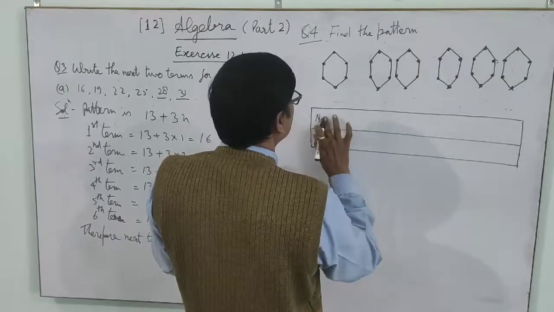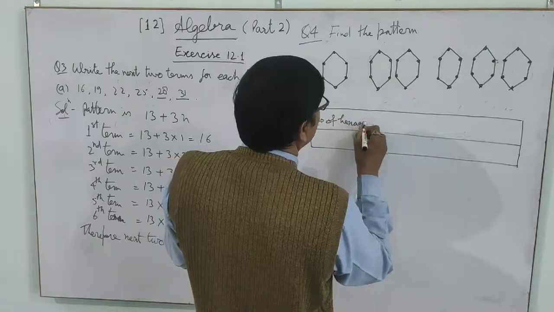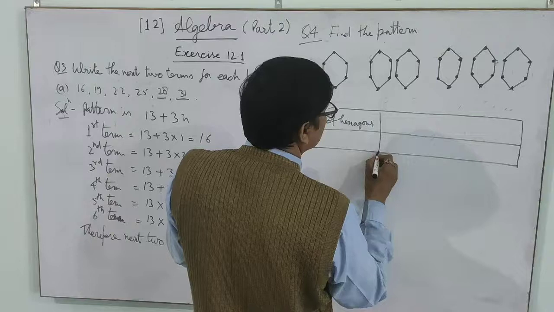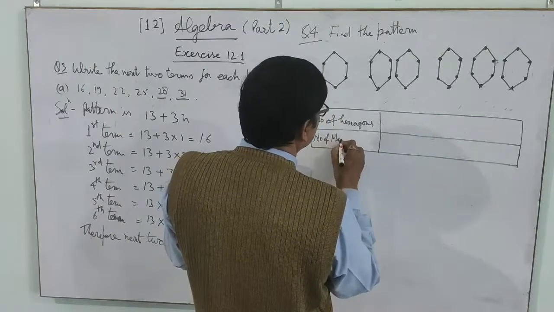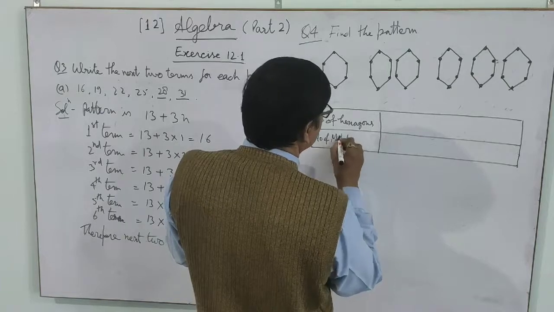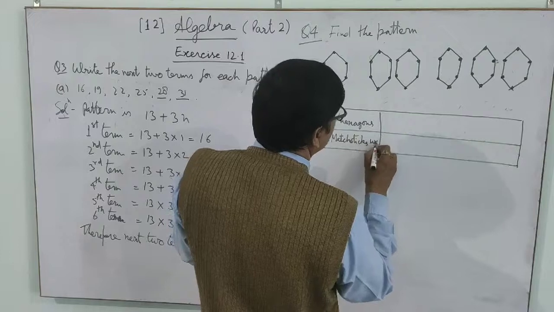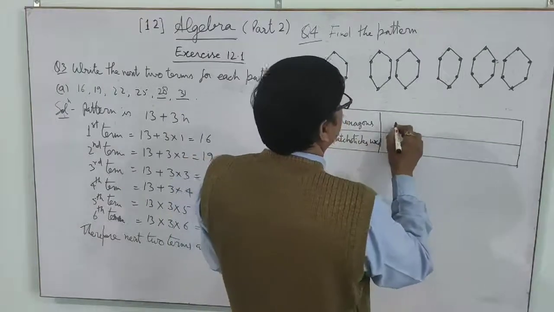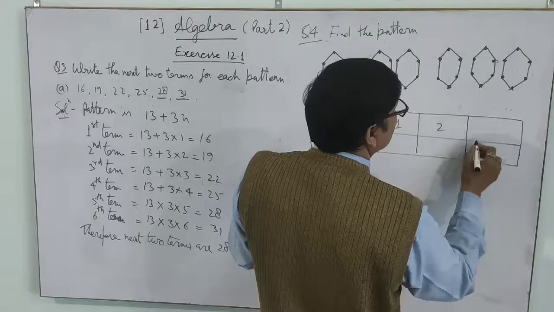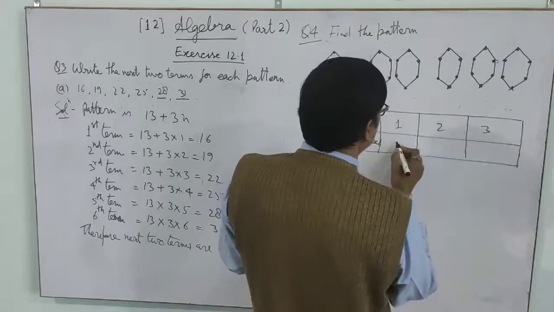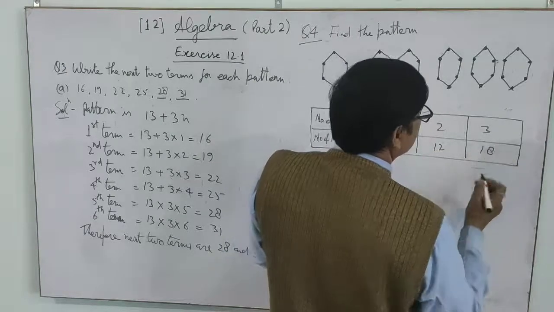Then in the solution you can make a chart: number of hexagons, number of matchsticks used. 1, 2, 3, then 6, 12, 18.